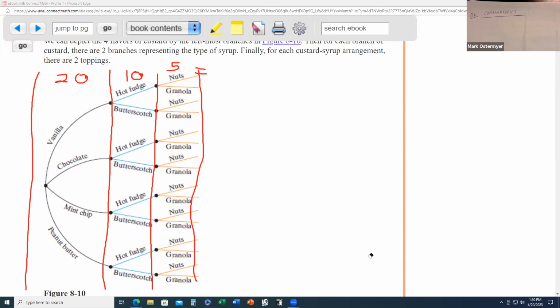Now this is going to be interesting. 20 times 10 is 200, times 5 is 1,000 different sundaes you could construct. Care to enumerate all of them? Could you imagine the size of this tree to try to enumerate all 1,000 possibilities? We'd have to have 20 branches, each branching out to 10 branches, and each of those branching out to 5 branches. That would be extremely difficult to construct from a human point of view.